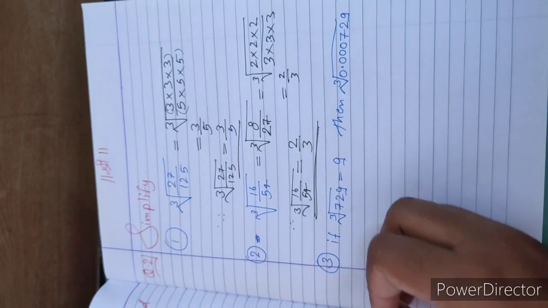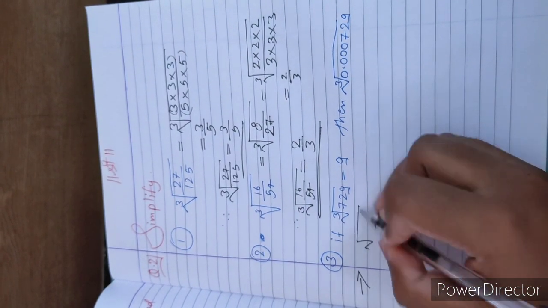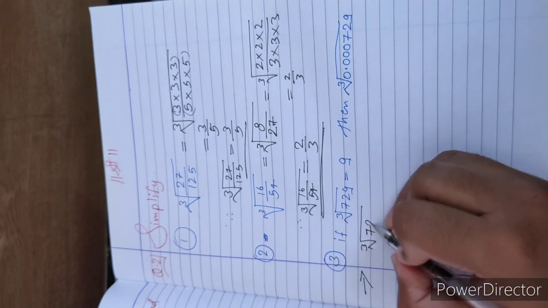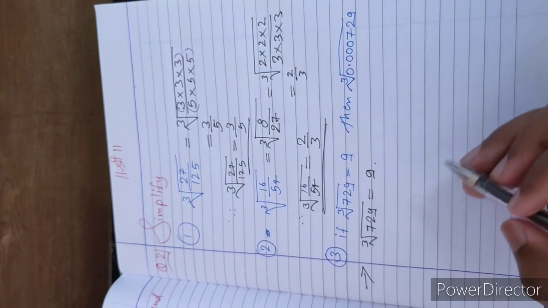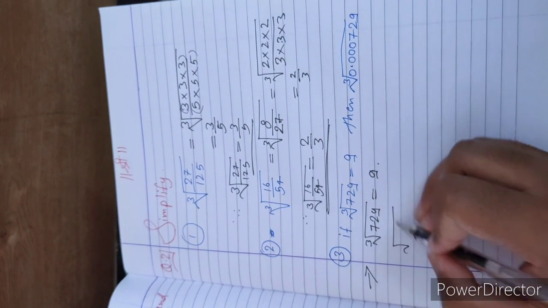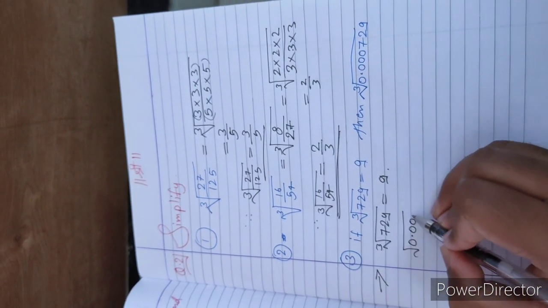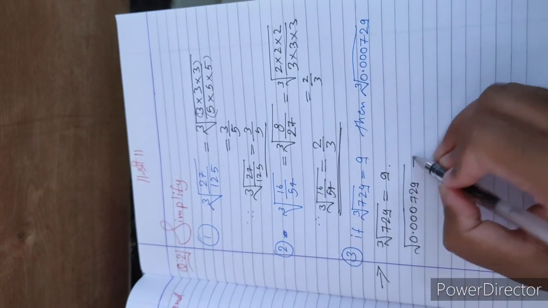Okay, so first of all copy the question in the answer section. So we will write that the cube root of 729 is equal to 9. Okay, so here we have to solve this question, which is given as 0.000729.